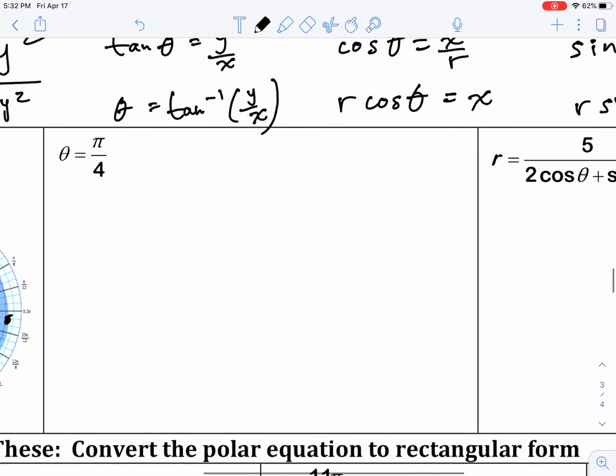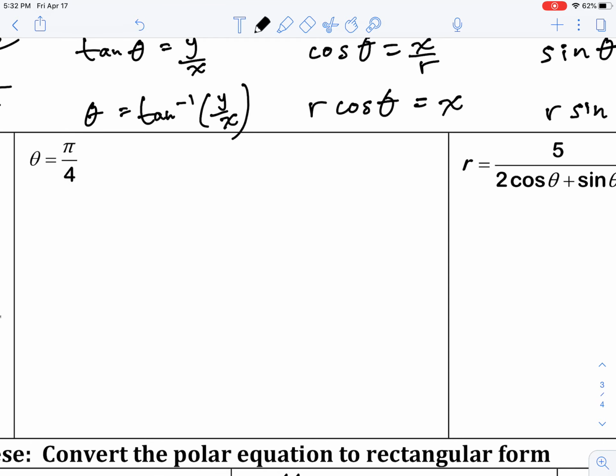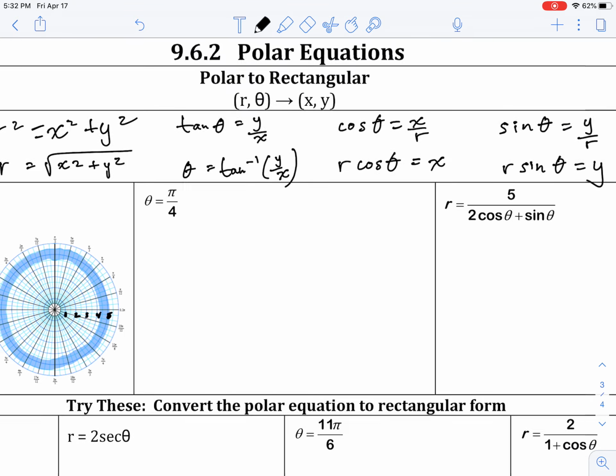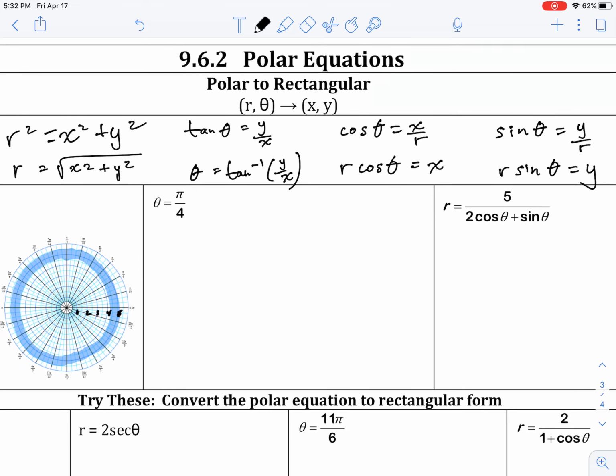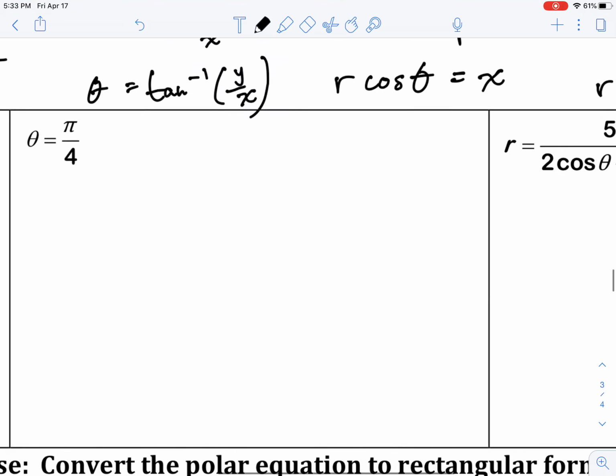All right, let's try another one. We've got theta is equal to pi over 4 now. Again, go back to these equations here and ask yourself, do I have anything that converts theta into something in terms of x and y? And we do. We can use tangent of theta is equal to y over x. So we can say here that tangent of theta is equal to y over x.